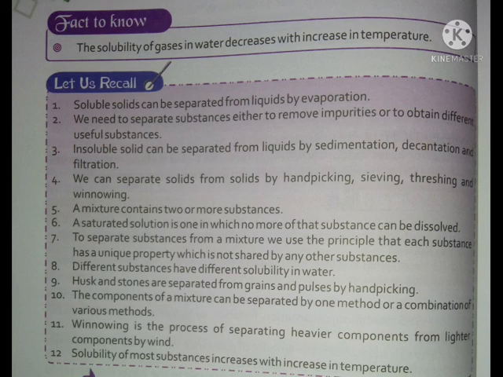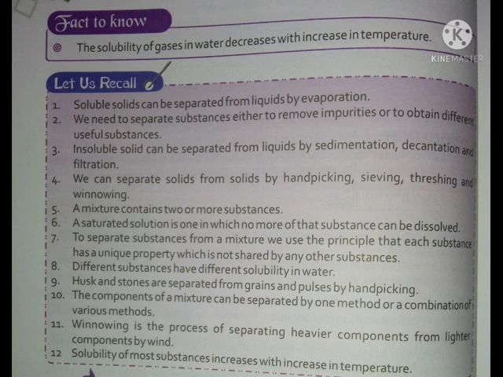We can separate solids from solids by handpicking, sieving, threshing and winnowing. A mixture contains 2 or more substances. A saturated solution is one in which no more of that substance can be dissolved. To separate substances from a mixture, we use the principle that each substance has a unique property which is not shared by any other substance.